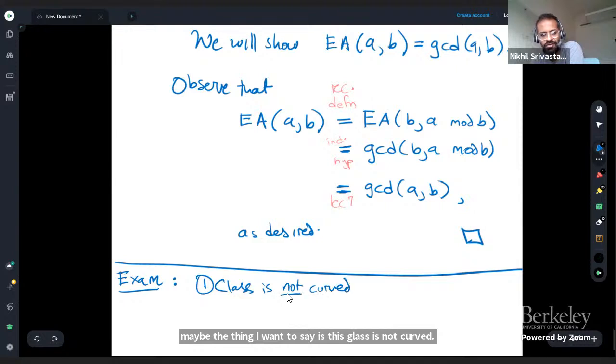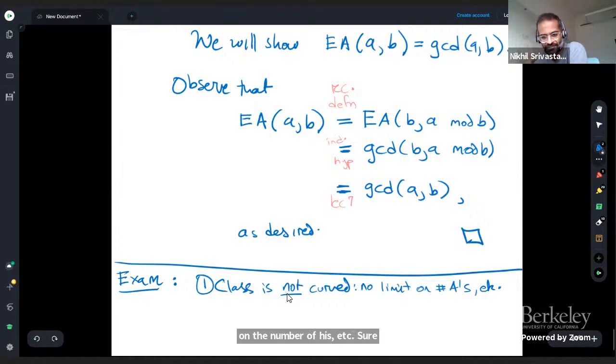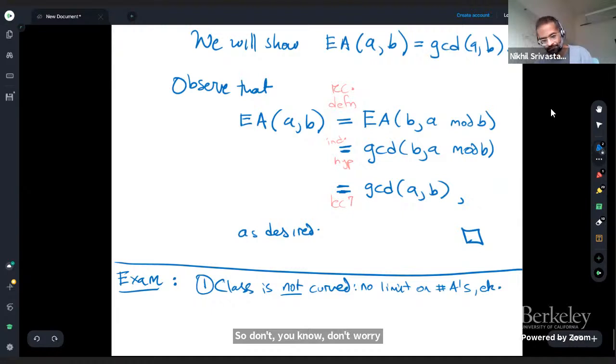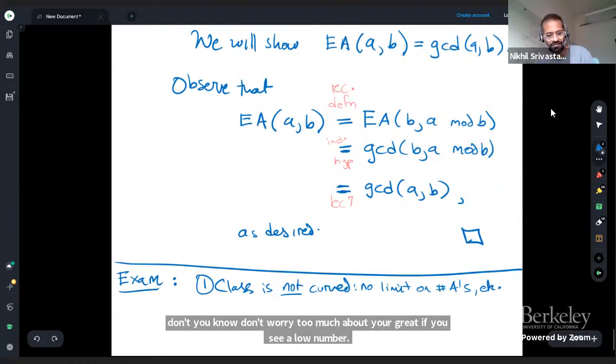So what that means is that there's no limit on the number of A's, etc. So you're not competing with each other to get a decent grade in this class. Just focus on demonstrating to me that you have learned how to write proofs and understand what's going on. So don't worry too much about your grade if you see a low number. And we're replacing the lower midterm by the second one anyway.